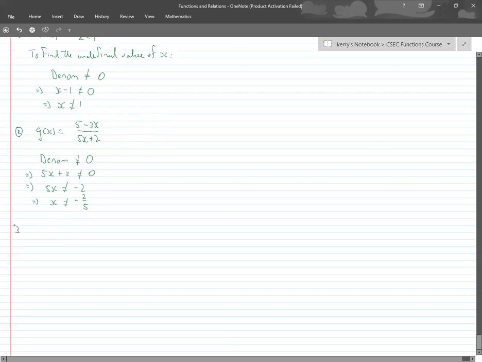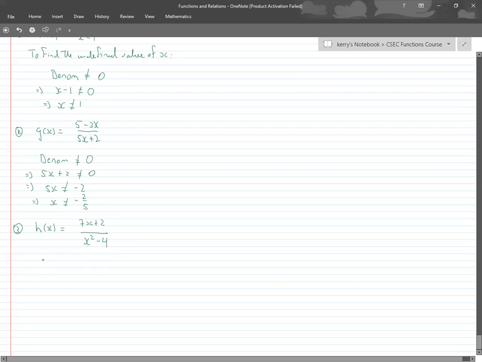Let's do one more. Let's say we have h of x is equal to 7x plus 2 all over x squared minus 4. We want to figure out the values that x can't be equal to.